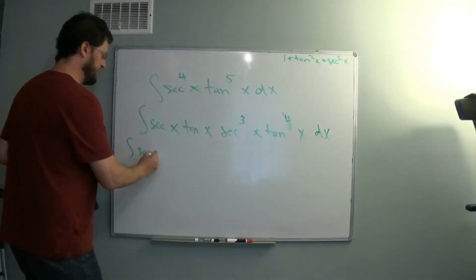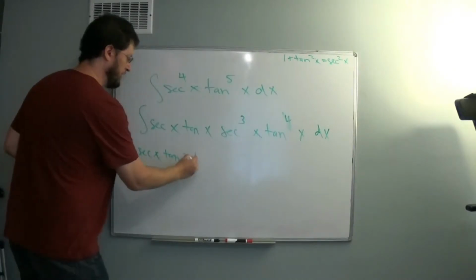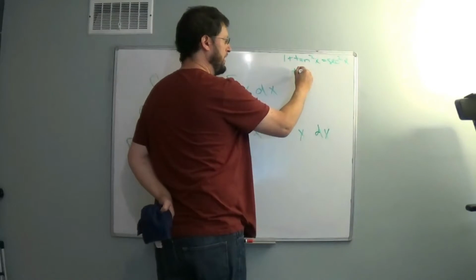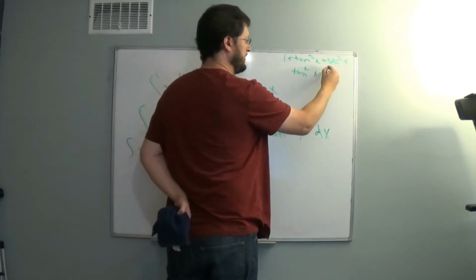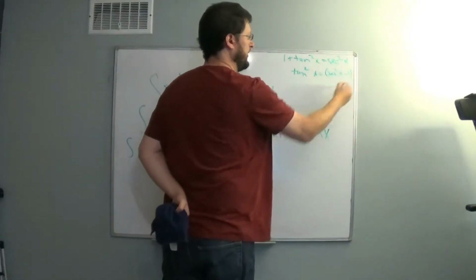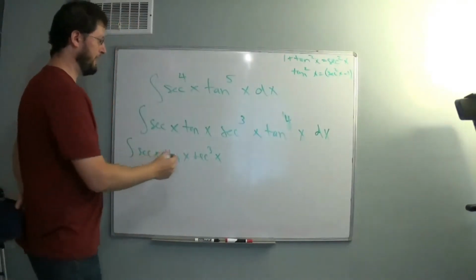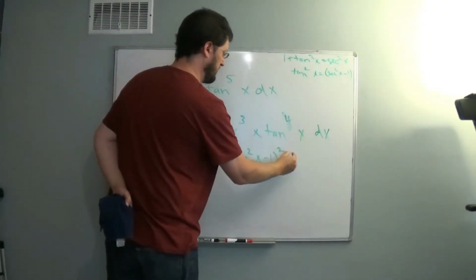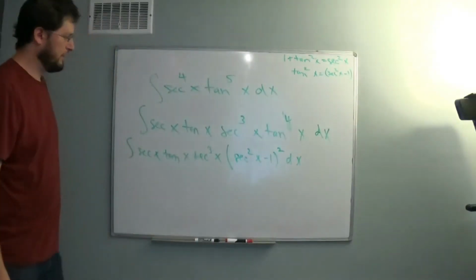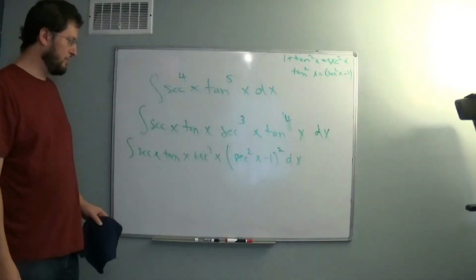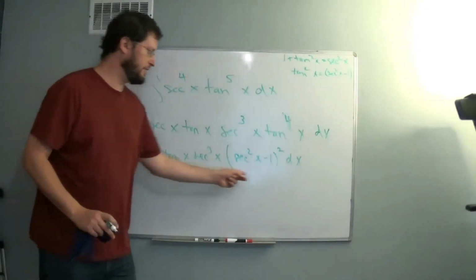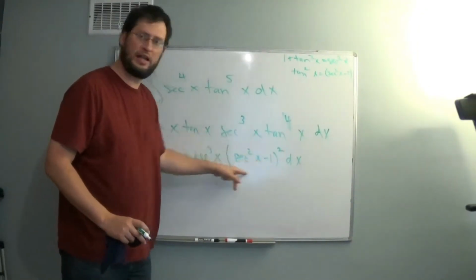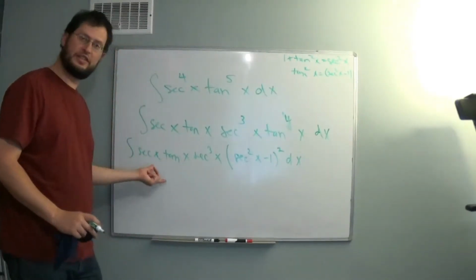That is secant x, tangent x, secant cubed x. Tan to the 4th, well, tan squared is secant squared x minus 1. And if we square that, we get secant squared x minus 1 squared dx. It looks complicated, but the idea here is that we have stuff that's in u. If u is secant x, then this is all a polynomial in u, and then this is du.